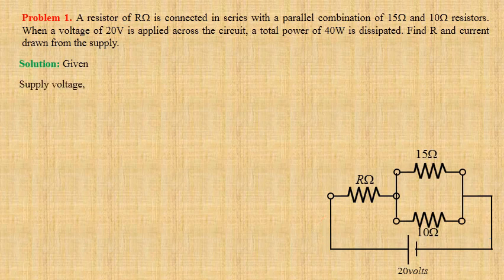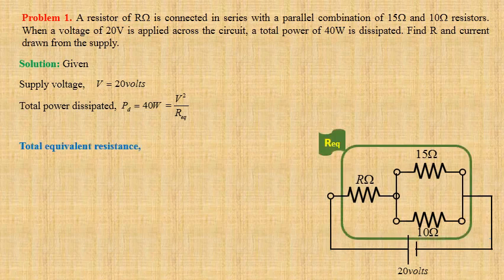Supply voltage V equals 20 volts. Total power dissipated PD equals 40 watts. PD equals V square divided by Req. Therefore, total equivalent resistance of this circuit Req equals V square divided by PD.